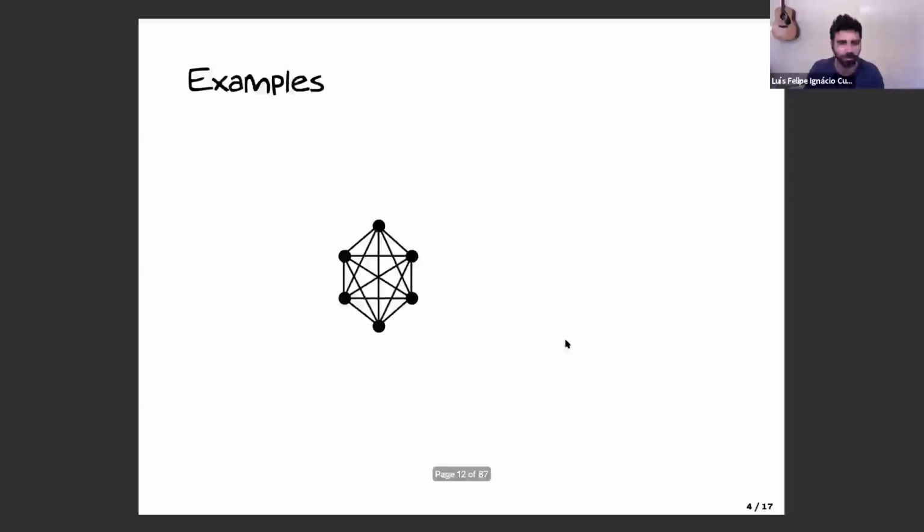Another example is a complete graph, another very easy graph to look at. Here, differently from the previous graph, there are several spanning trees. However, there is a universal vertex, and then any optimal spanning tree can be a star subgraph.